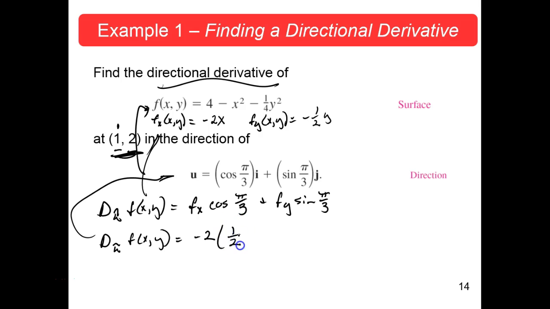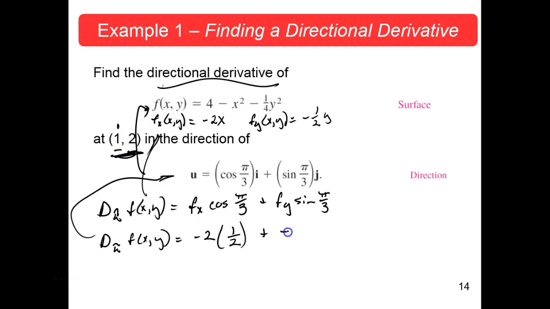No, 1/2. Yeah, cosine of pi halves is 1. No, of 0 is 1. Okay. So that's going to be a minus 1 plus, and the partial of f with respect to y is minus 1/2. Well, minus 1/2 y, but y is equal to 2.